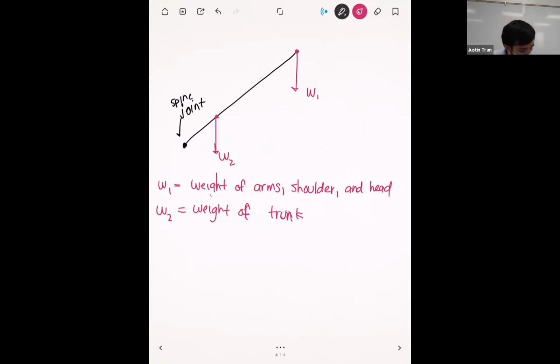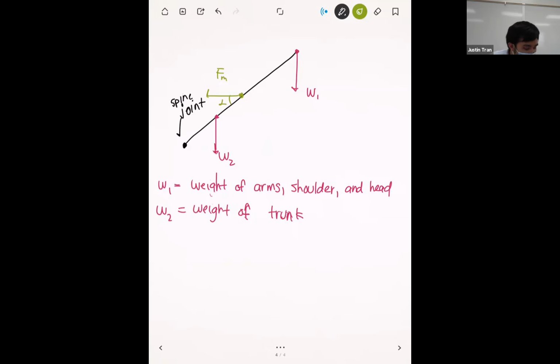So those are the two main weights that we're supporting. The muscle that's performing the support is of course going to be your back muscles, your back extensors. We'll assume that it acts right here. That'll be our FM, our muscular force.